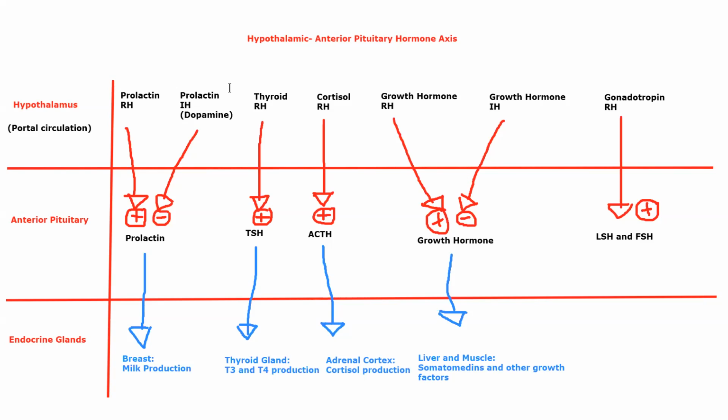And then finally, LH and FSH are our reproductive hormones. They're going to act on two things: the testes and the ovaries. In the ovaries, we're going to produce estrogen. In the testes, we're going to produce androgens.